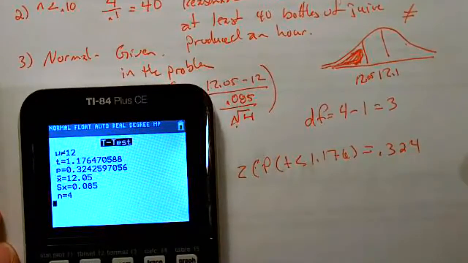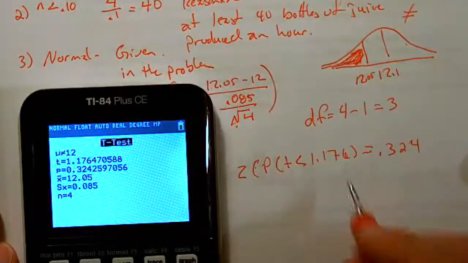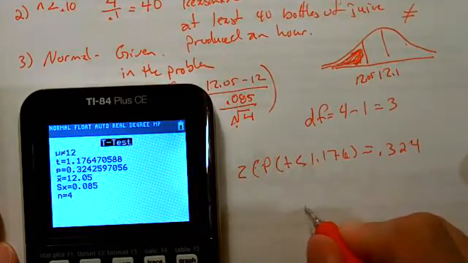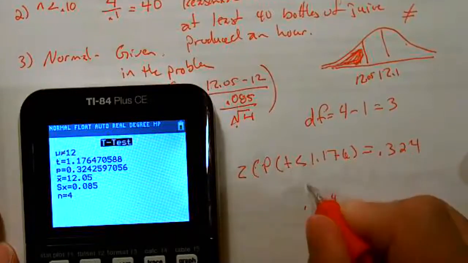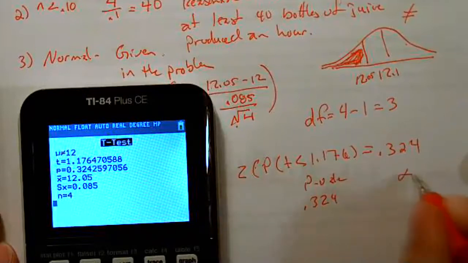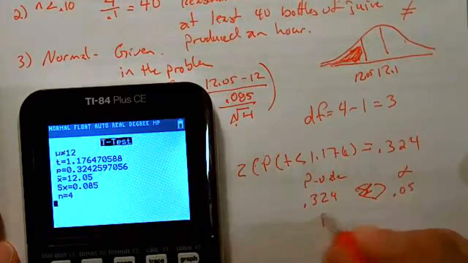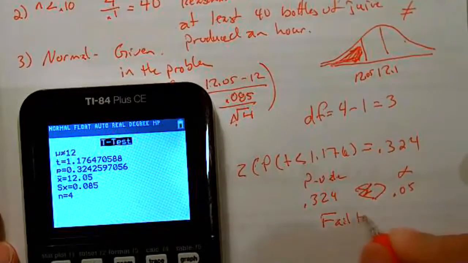Now, I don't know about you, but to me, that's not very rare. So that's 32% of the time. Not half, but it's not that bad. So 0.324, this is p-value. This is alpha, this is 0.05. Excuse me, this is greater than. So fail to reject.